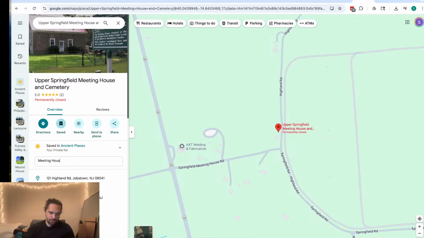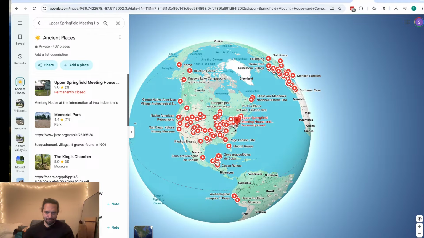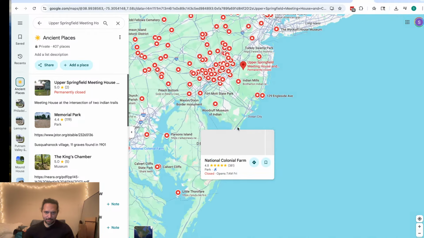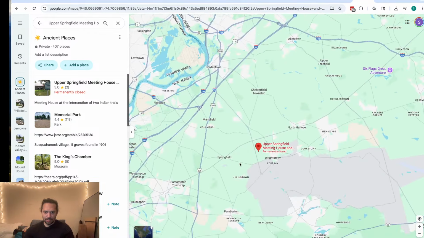Meeting house at the intersection of two Indian trails. Cool. So now it's on the map. There we go.